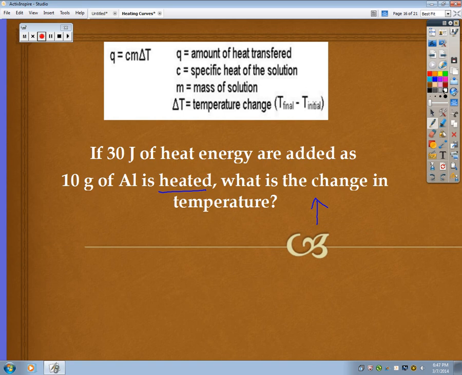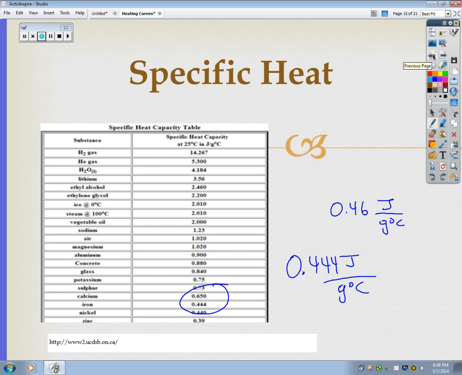We have 30 joules of heat energy. That's our Q, equals M, 10 grams, C. Oh, I need to know what aluminum is, don't I? So let's look on a chart. Aluminum on our chart is 0.90.